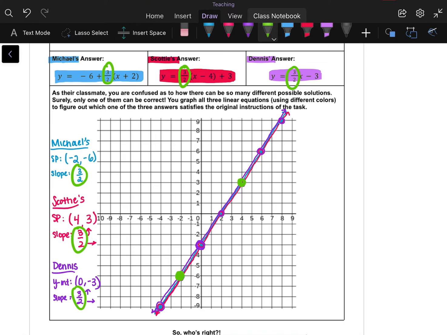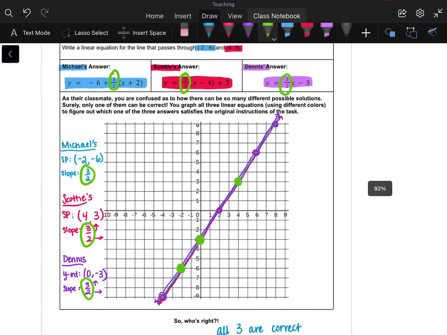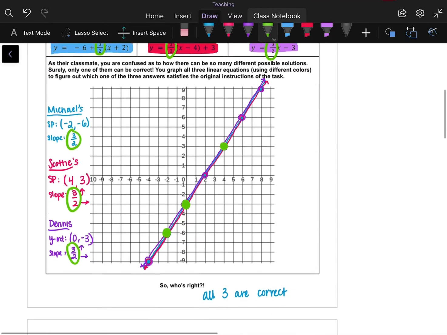Scotty's was (4, 3), all 3 of those colors are at this point here, and then Dennis's y-intercept was (0, -3), and they all graphed that y-intercept at (0, -3). So these equations all graphed our same line. That means that these equations are actually all the same. They're all equivalent to each other. So let's take a look at how we prove this algebraically.